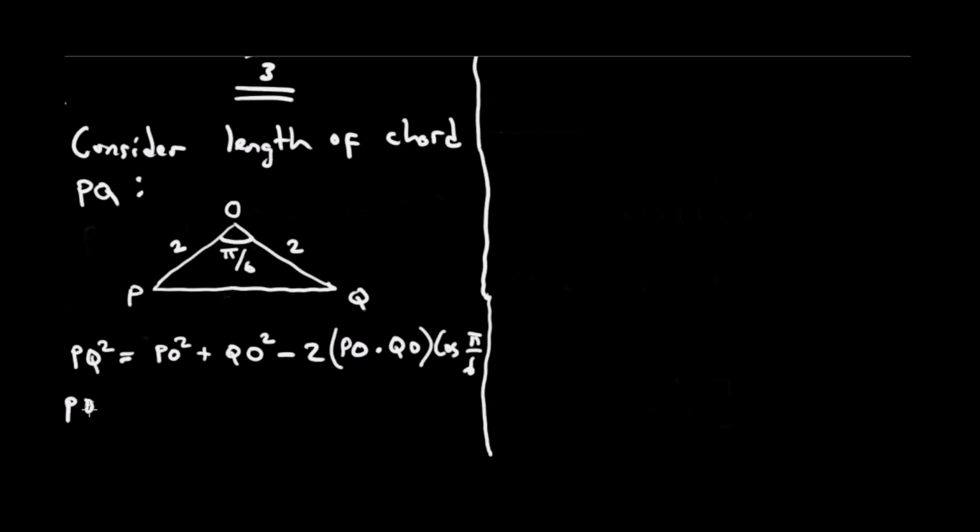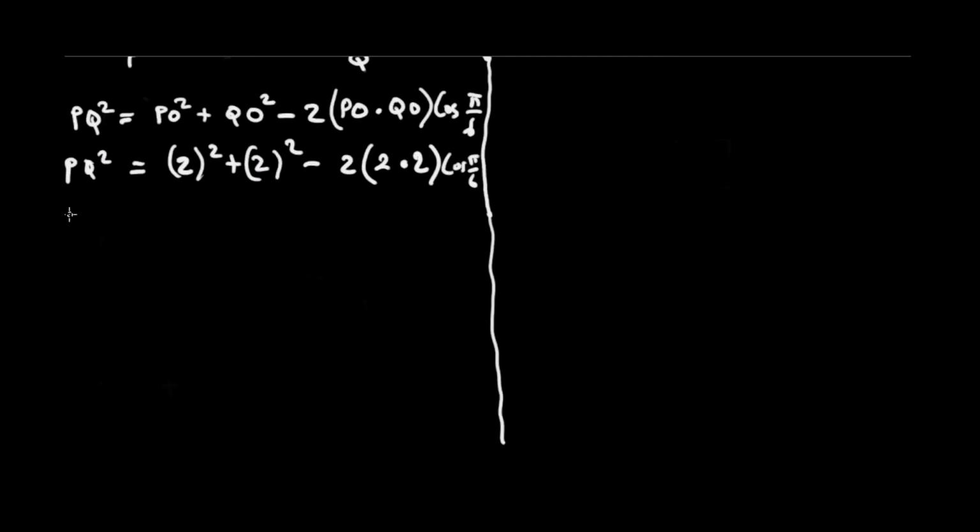So here PQ squared is equal to PO squared, that is 2 squared. So 2 squared plus 2 squared minus 2 multiplying 2 times 2, then cos of pi over 6. So PQ squared is equal to 2 squared, that is 4, plus 2 squared, 4, minus 2 times 2 times 2, that's 8 cos of pi over 6.